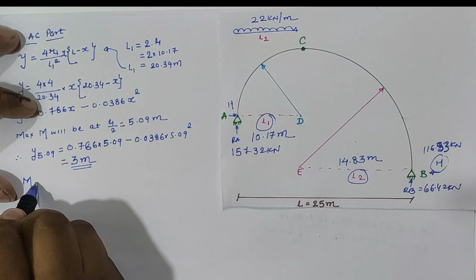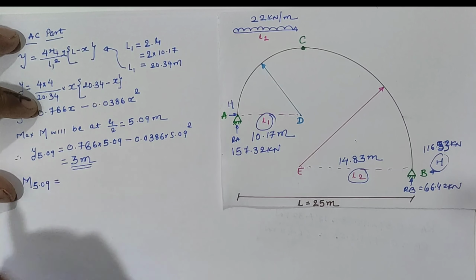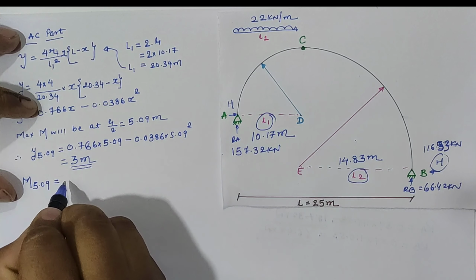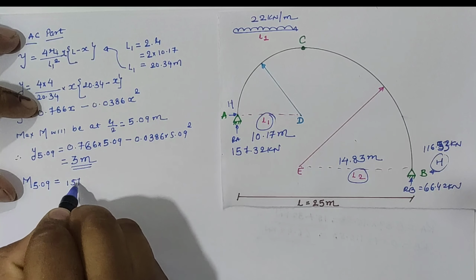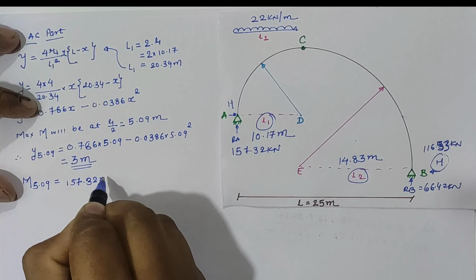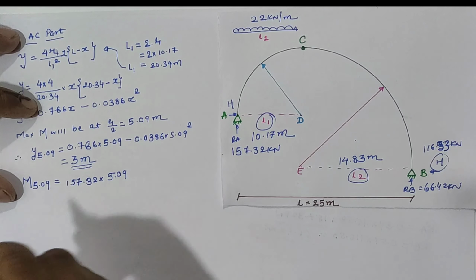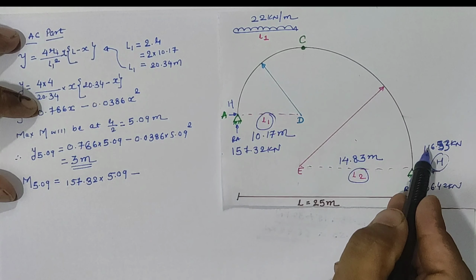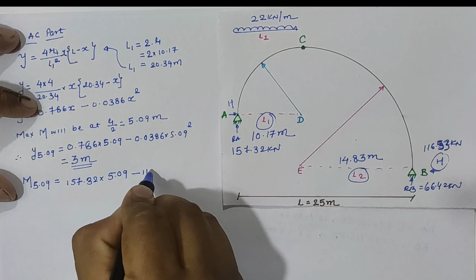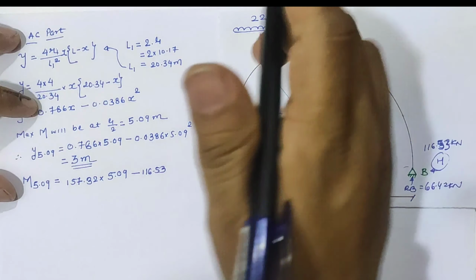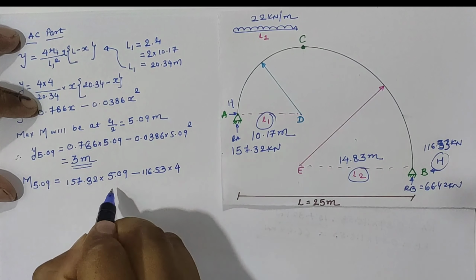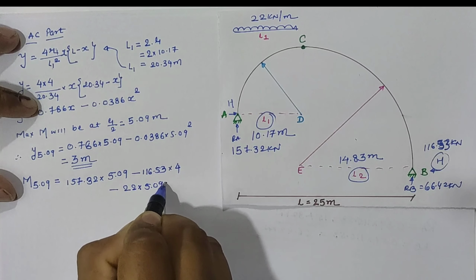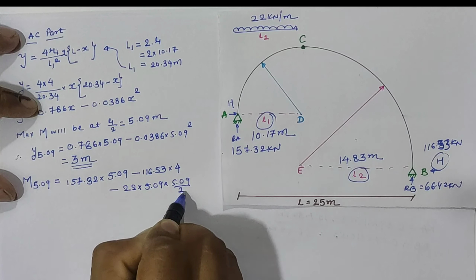So moment at 5.09 meter is equal to RA in clockwise direction into 5.09, hence 157.32 into 5.09 as clockwise, minus horizontal value of 116.53, so 116.53 into crown height of 4 meter, minus UDL into distance by 2.